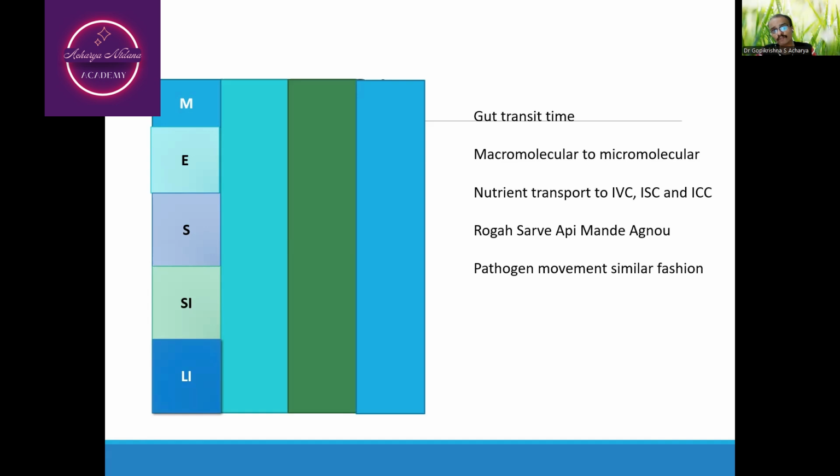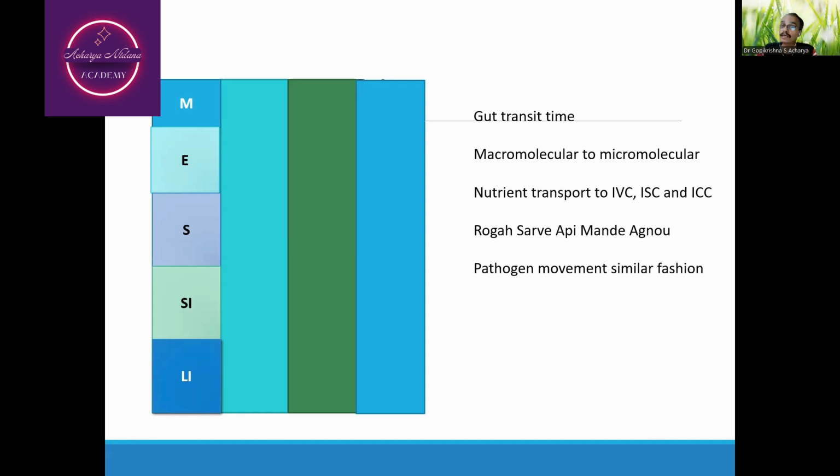Further, when you think about these compartments, first and foremost, we need to know about gut transit time. Gut transit time refers to the movement of substances through the different parts of the alimentary canal. For example, in the mouth, the food may remain for 1 to 2 or 3 minutes.